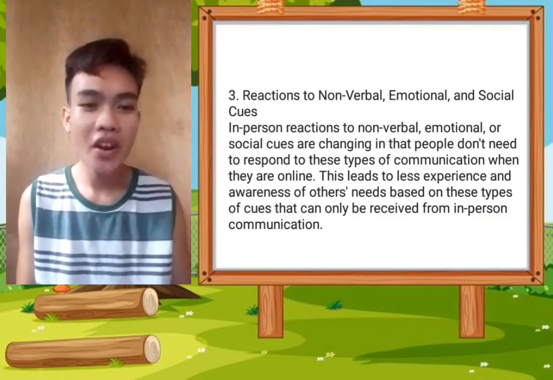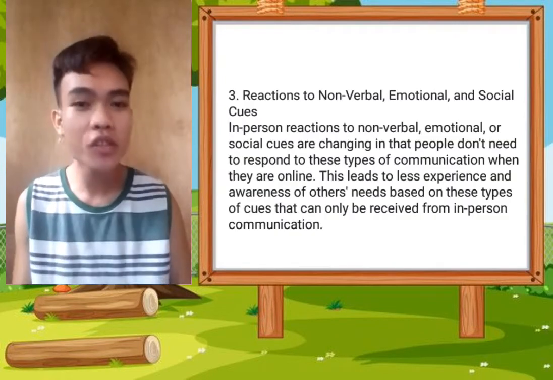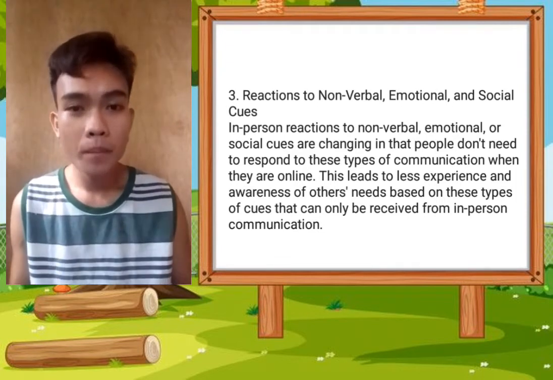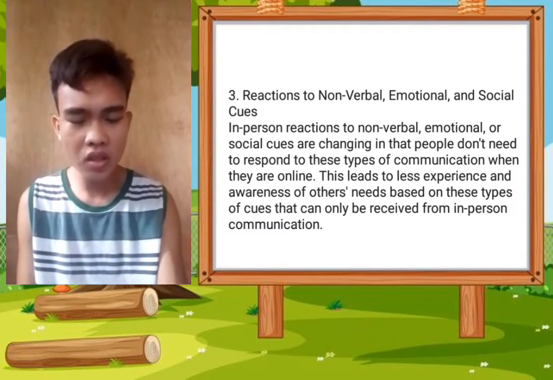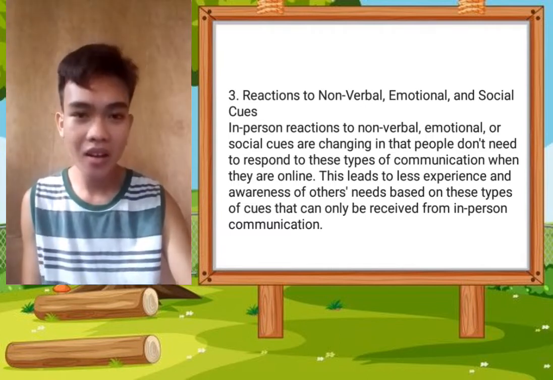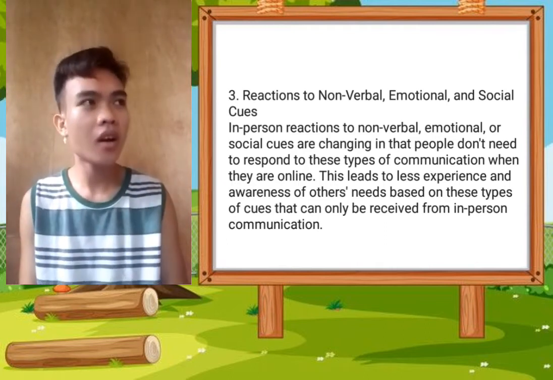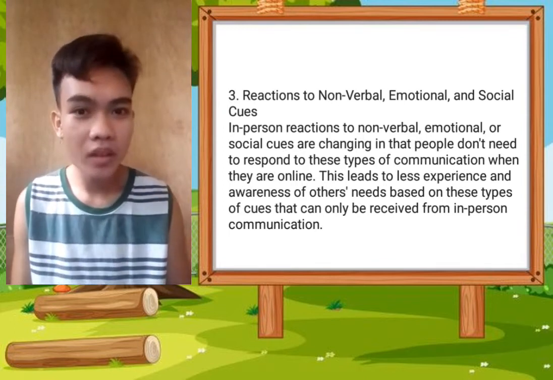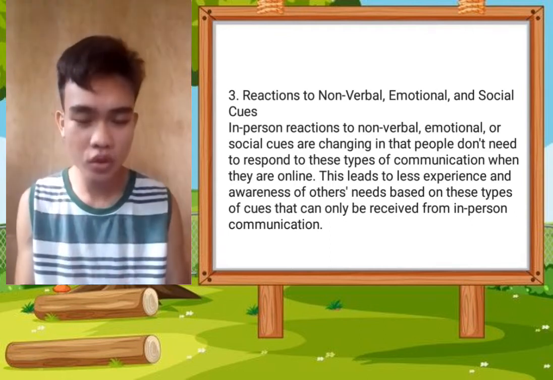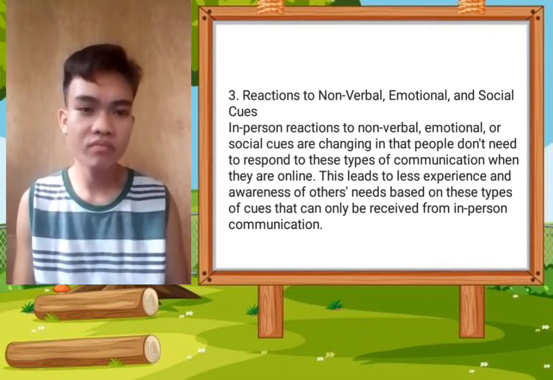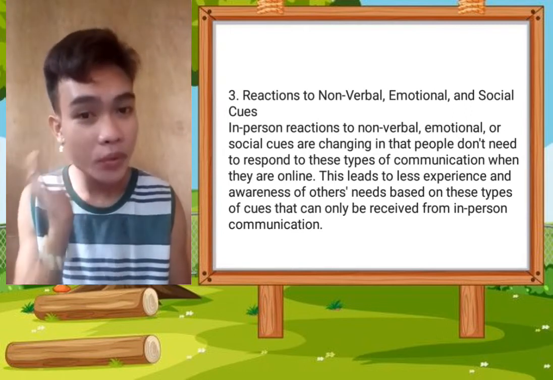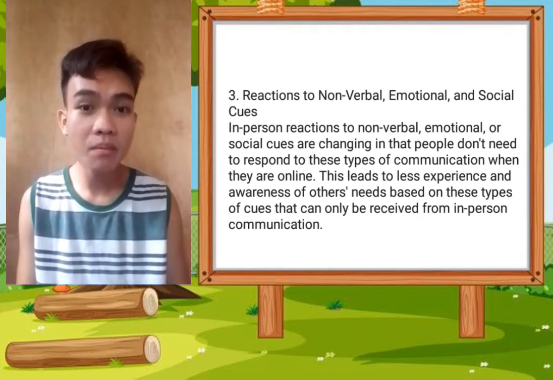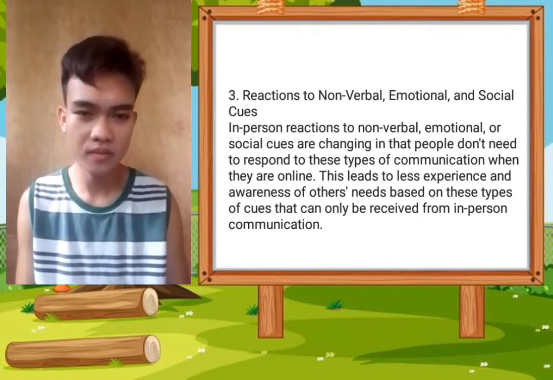Okay. Number 3, reaction to non-verbal, emotional, and social cues. When we are in conversation in social media, even though they replied "ha ha ha," we can conclude that he or she is happy, but in reality they are very angry at you. So we cannot really identify their emotions because of the missing non-verbal or social cues.